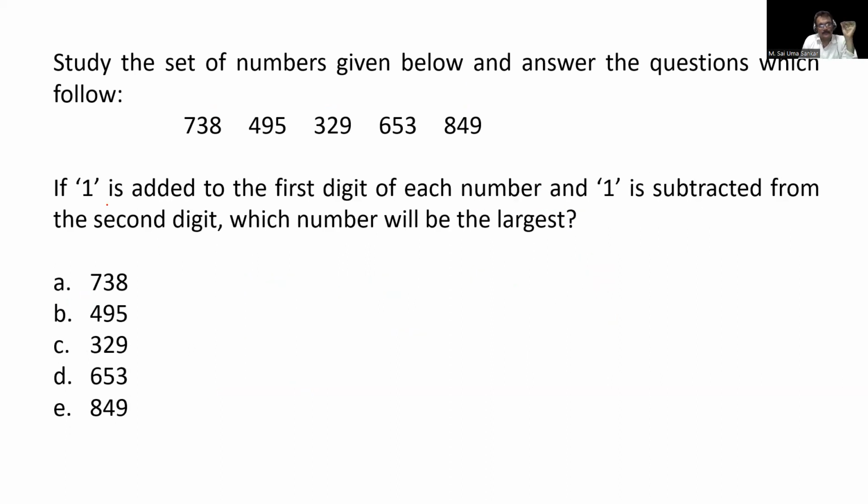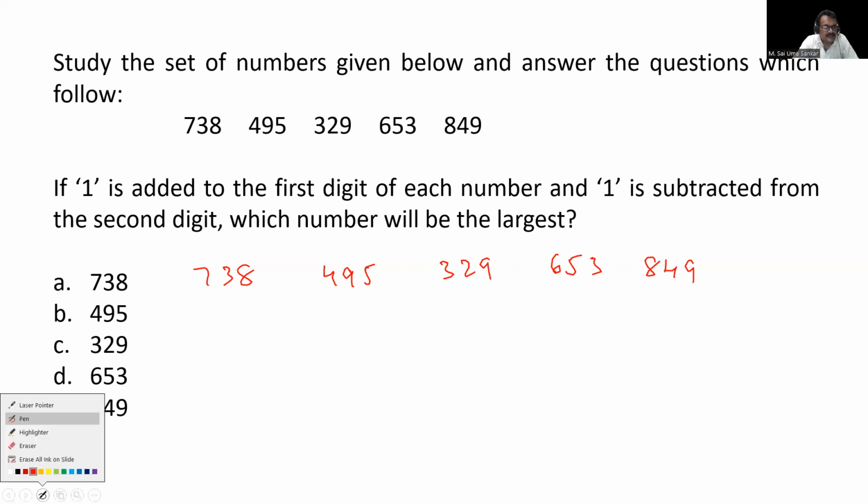Next step. If 1 is added to the first digit of each number and 1 is subtracted from the second digit, which number will be the largest? Here 738, 495, 329, 653, 849. Here 1 is added to the first digit and 1 is subtracted from the second digit.